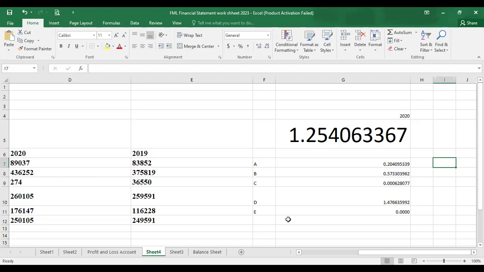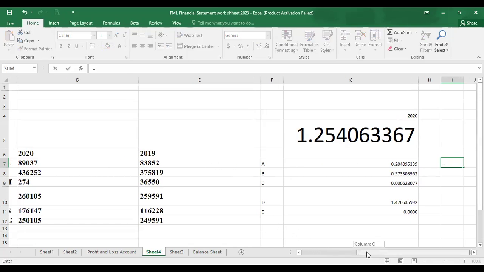The question might require that you do the common size analysis as well. So for the Altman Z-score, we need to compute 5 basic ratios. The first ratio is working capital to total assets.